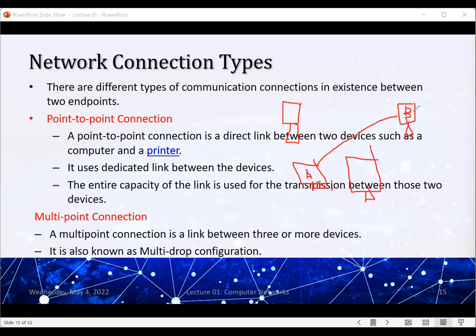Now let's say B wants to communicate with C. Can we?